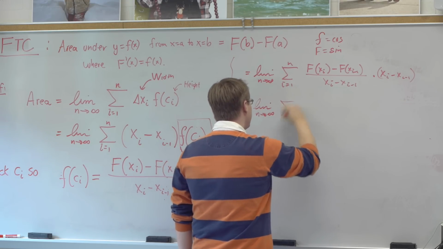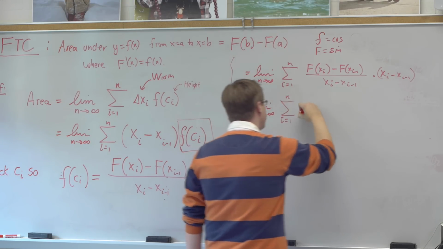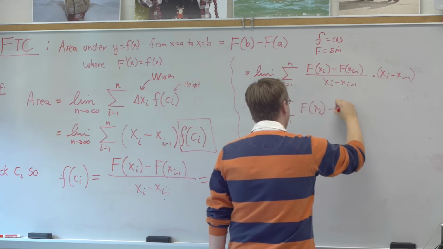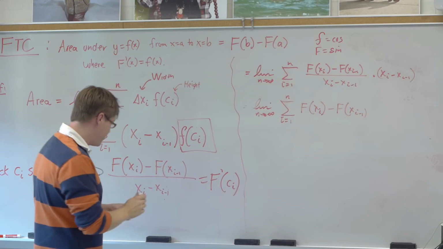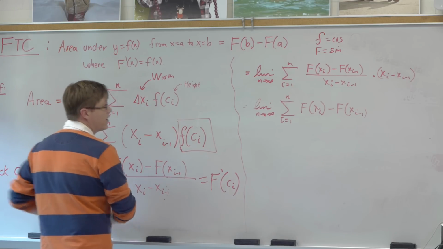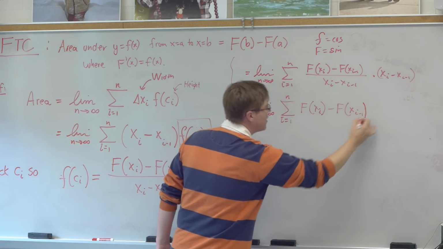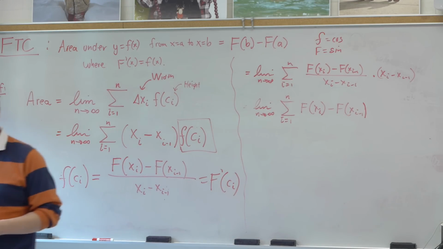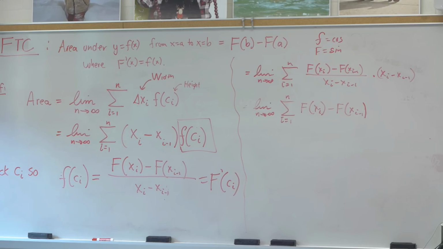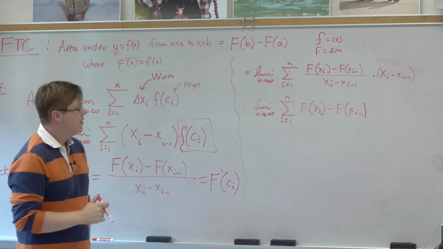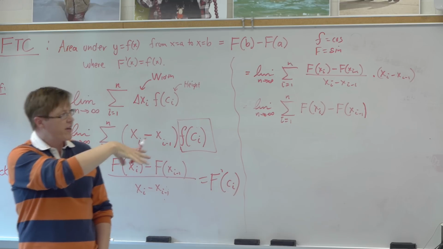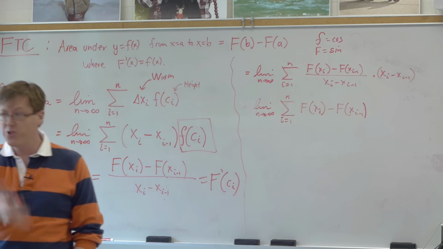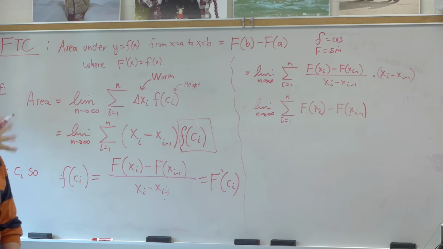So the limit as n goes to infinity of the sum from i equals 1 to n, f of xi minus f of xi minus 1, and the other terms cancel. And this was like over there, sine of x1 minus sine of x0, x2 minus x1, x3 minus x2. What happens to all the inside terms?